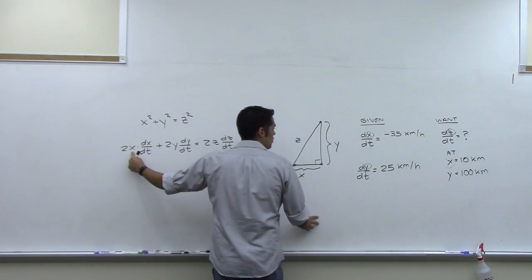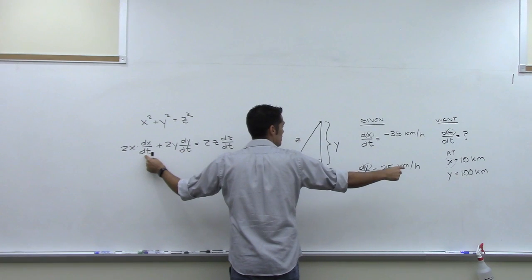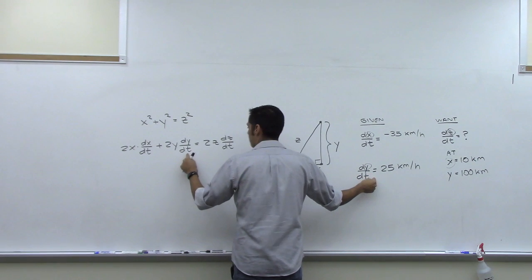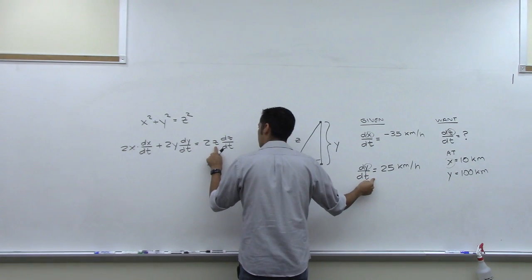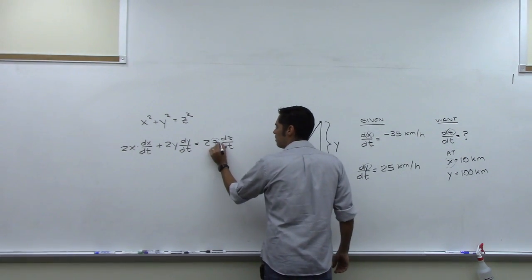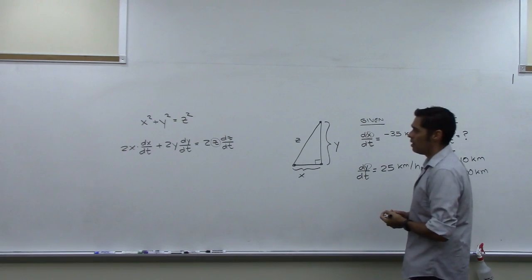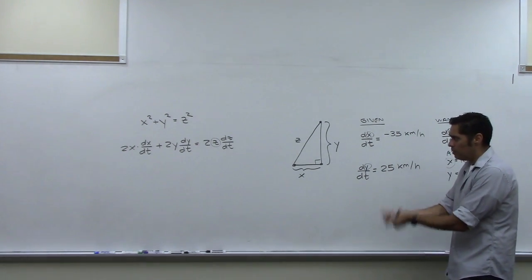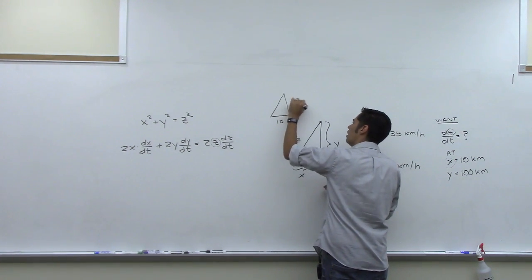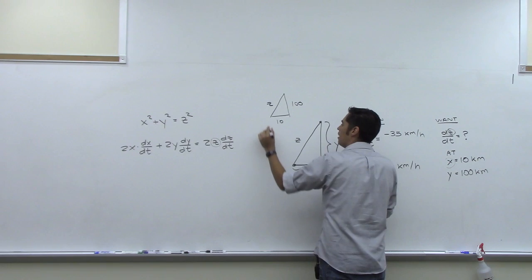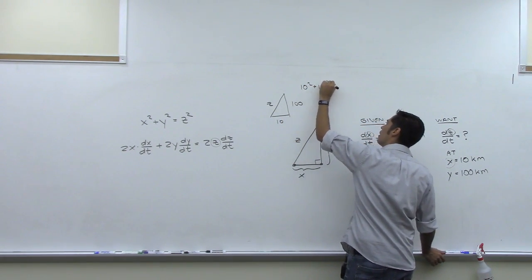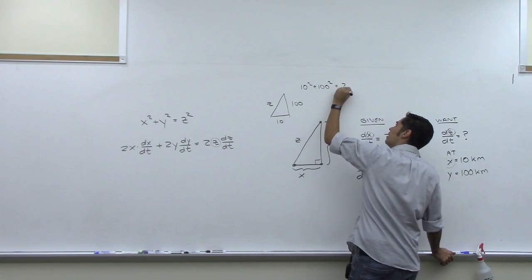Do I know what x is at the moment in time? Yes, it's 10. Do I know what dx/dt is? Yes. Do I know what y is? Yes. Do I know what dy/dt is? Yes. Do I know what z is? No, I don't actually. dz/dt is what I want. So the only thing I really just need to resolve is this z. Do I know what it is? Well, I can fix the moment in time right now. If I fix the moment in time, my triangle looks like this, 10, 100, and so this side I can get z, right? Because I can just use Pythagorean. So I know 10 squared plus 100 squared must equal z squared.